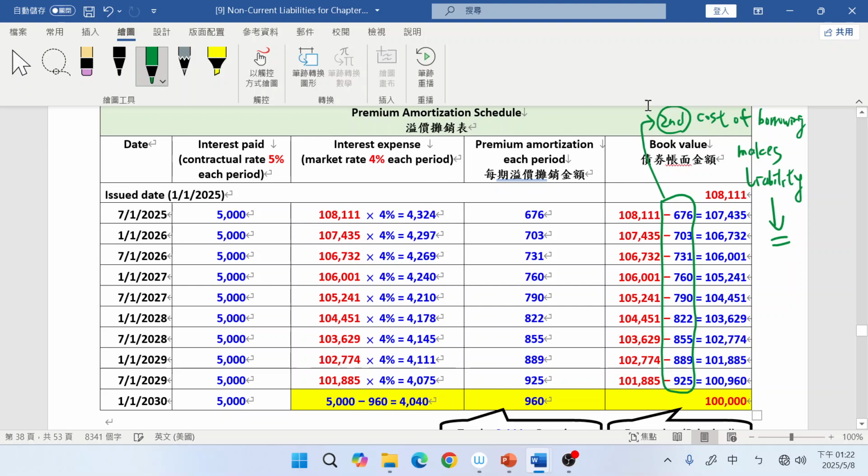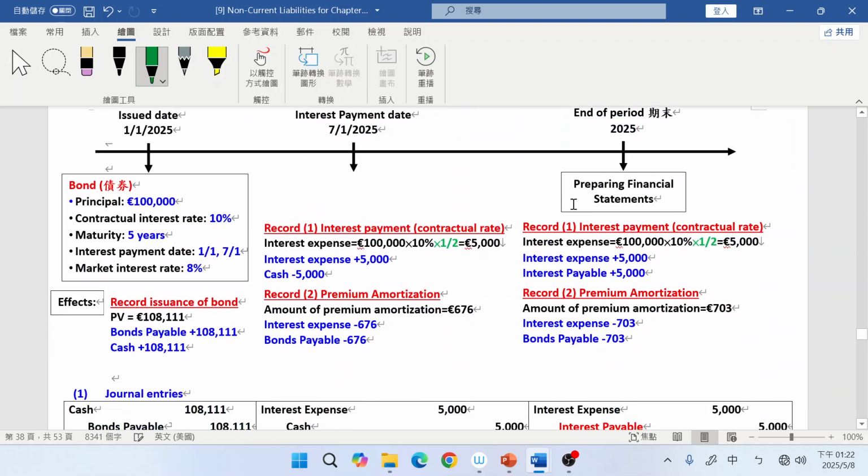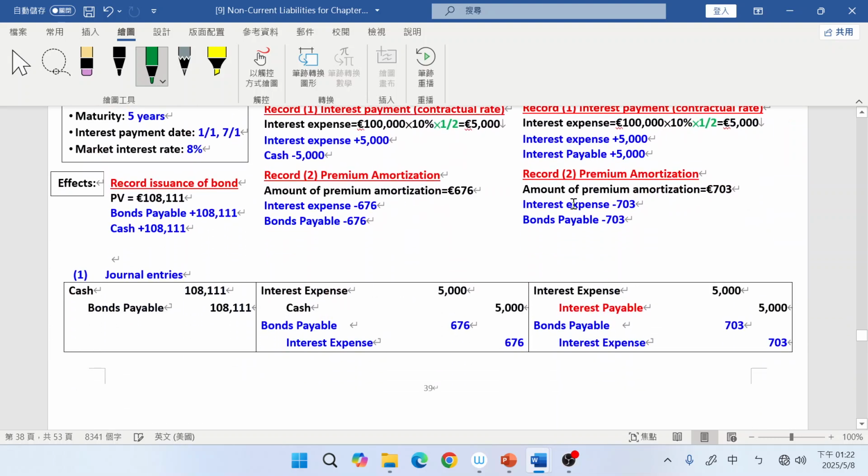After you find out your cost of borrowing for each period, what's our next? Don't forget, we use journal entries to record each transaction. So your note 39, first day, how much money do you borrow? Then we use debit and credit to describe how much money you borrow from creditors and investors. What about the following periods?